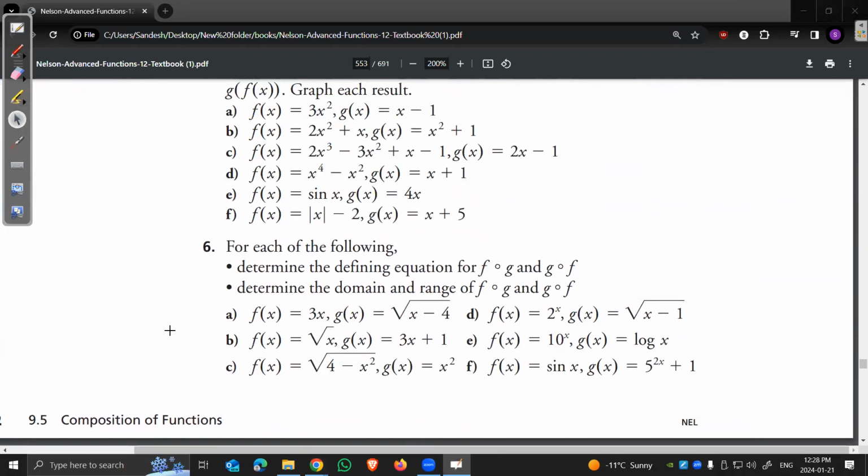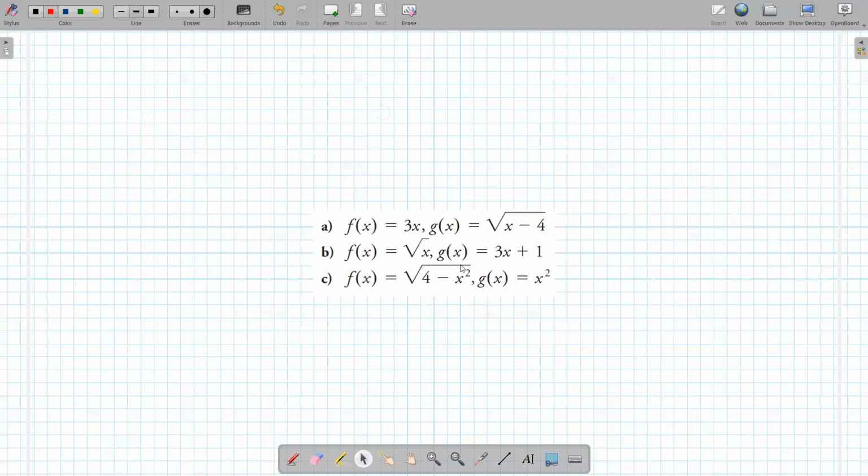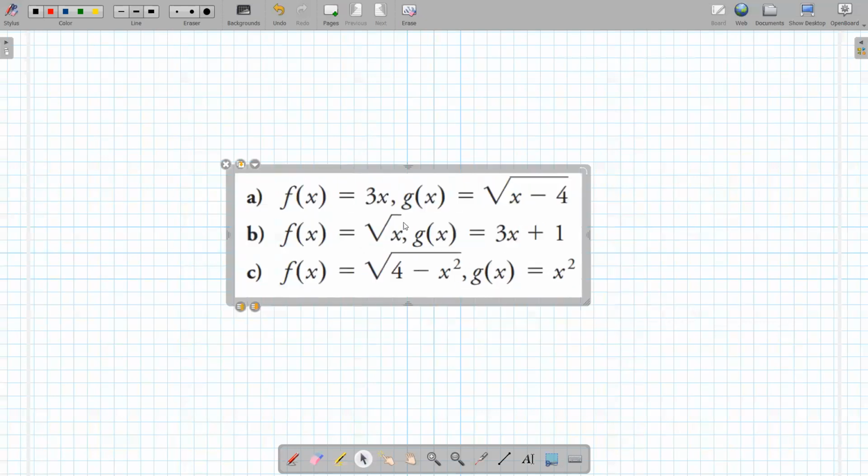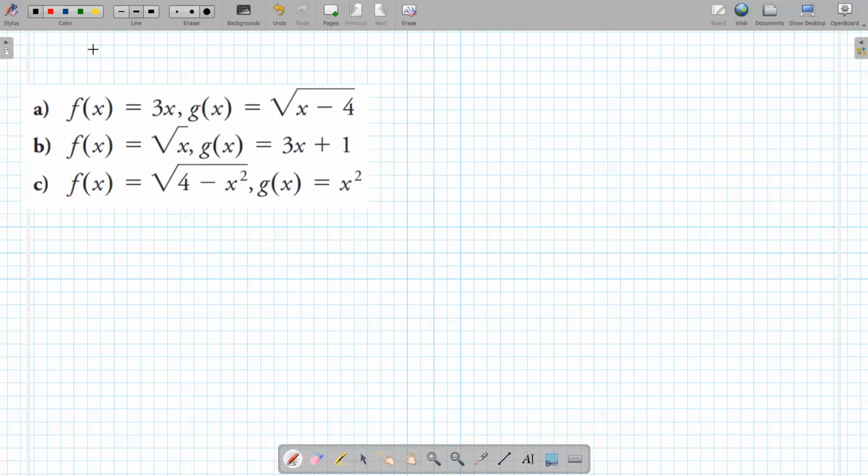These next ones are going to be a little bit trickier, because now we're not dealing with polynomials. So let's look at the first one. f of g of x. You have f of the square root of x minus 4.